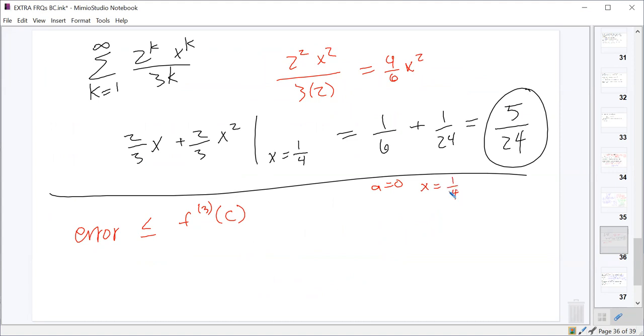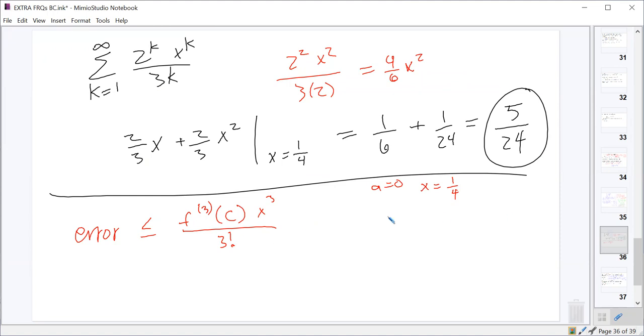A is 0 because our series is centered at 0, and x is 1/4 because that's the value we're evaluating it at. So we want the third derivative at c, and the value of c that makes this the largest between 0 and 1/4, times x minus a, or just x, to the third over 3 factorial. So our error is going to be less than or equal to this. This is the bound on our error.